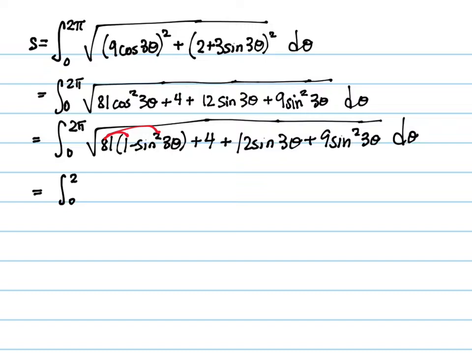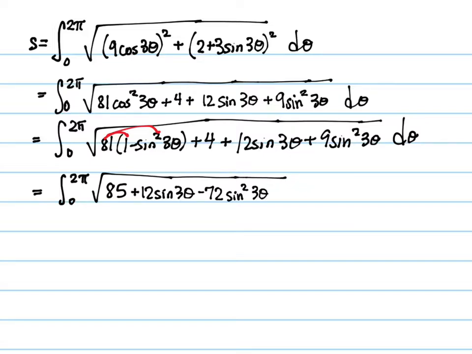All right, so we have 0 to 2 pi, the square root of 85 plus 12 sine of 3 theta, and then minus 72 sine squared of 3 theta, d theta.